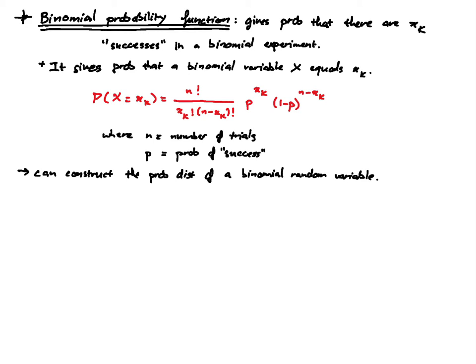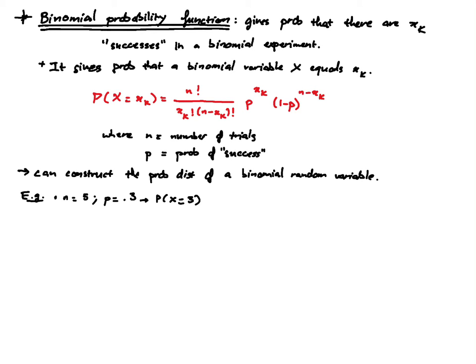Now let's look at a few examples. Suppose in my first example I have n equals 5 and p equals 0.3, and I want to find the probability that my binomial random variable x equals 3.